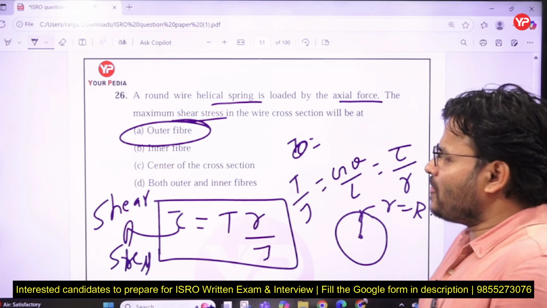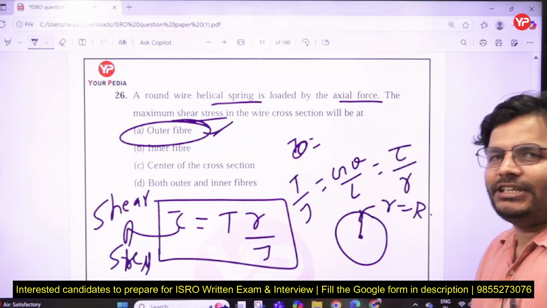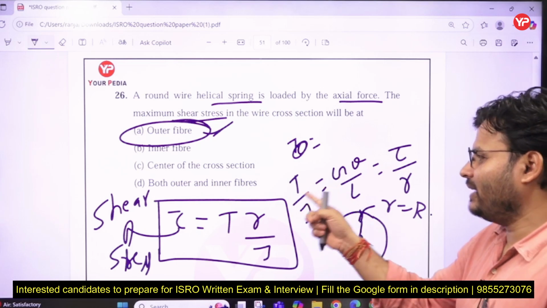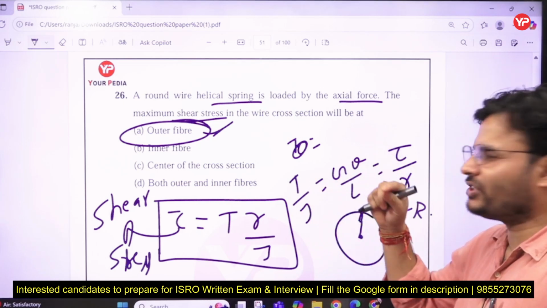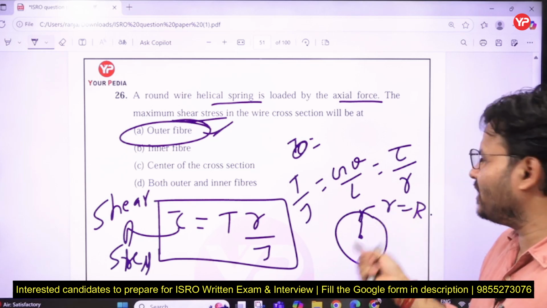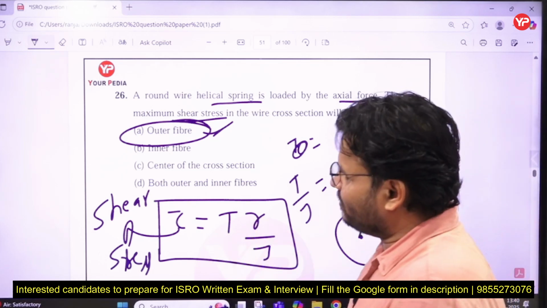A. The helical spring will be twisted, and due to the twisting the equation is given by T by J equals G theta by L equals tau by R. G is called modulus of rigidity, theta is the angle of twist, L is the length of the shaft, tau is shear stress, and R is the radius. So from there we can get it.